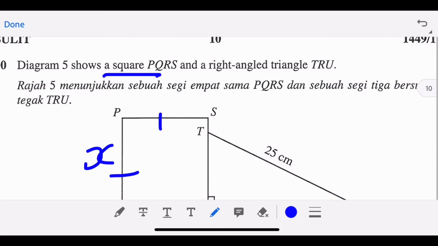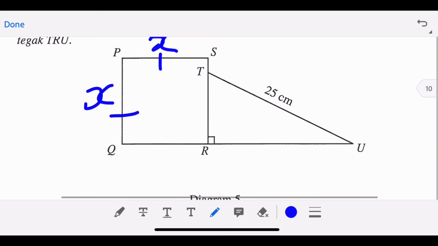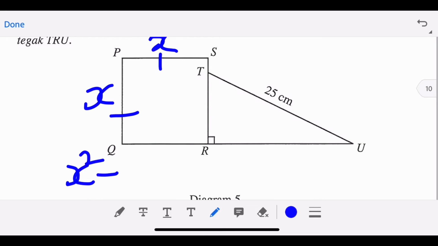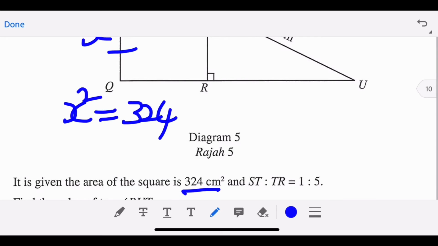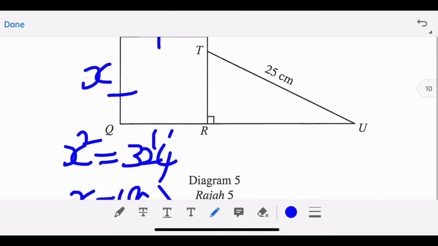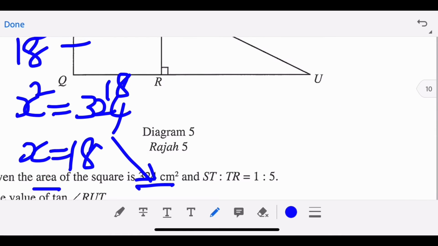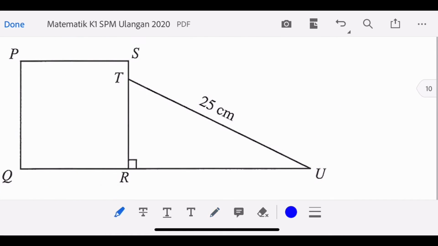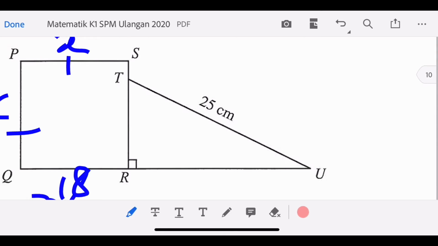Okay, for this question, you are asked to find the tangent value. First of all, you're given the information that the area of the square is 324. Then you can find each side of the square, which is 18. With the 18, they also give you the ratio.